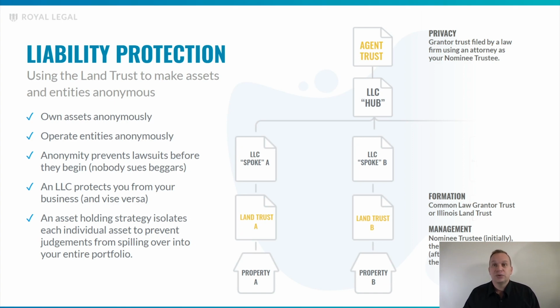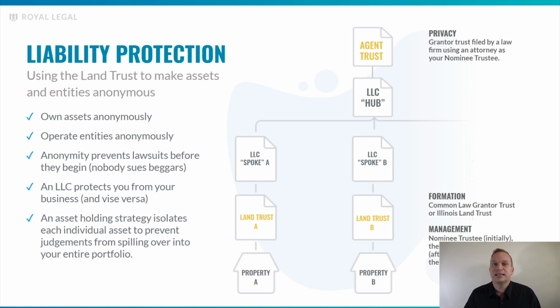That's how we're going to be able to own that hub LLC anonymously, because if anybody looks to say, hey, who owns this LLC, it's connected to that agent trust. That agent trust is further connected to the law firm as a person, and therefore it's protected by the attorney-client privilege. Now, looking a little bit farther down underneath the hub LLCs, you get to see each of the spoke LLCs.